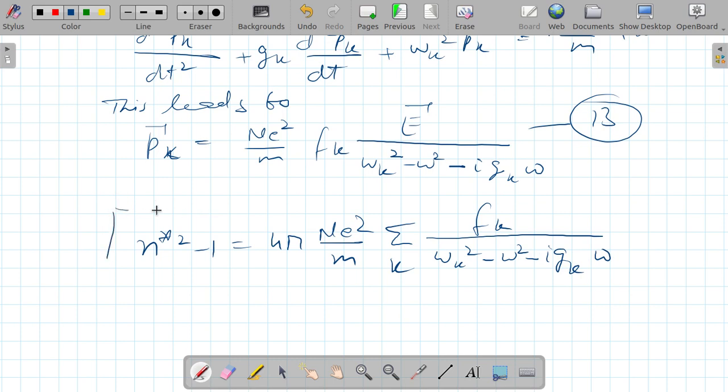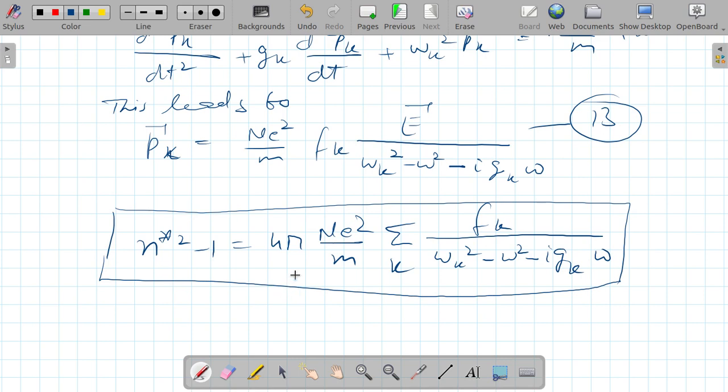So this is the expression for the refractive index, and this equation is known as the dispersion relation. With this the lecture is finished, and in the next lecture I will talk about this dispersion relation in detail and how it is used to derive Cauchy's and Sellmeier's dispersion formulas. So thanks for watching it.